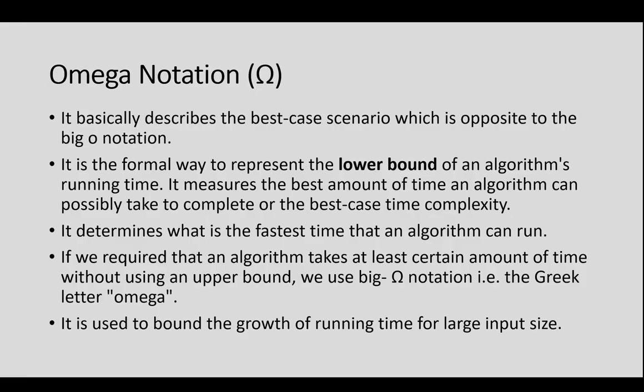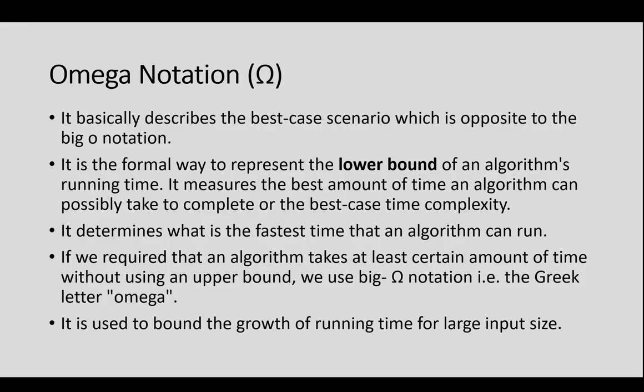Yeah. So what it does is it measures the best amount of time an algorithm can possibly take to complete, or the best case time complexity. Okay, why do we need omega notation? In order to measure the best amount of time taken by the algorithm, not the worst amount.